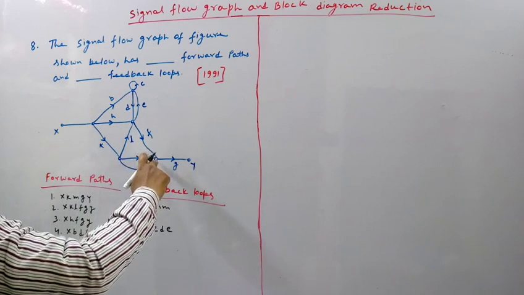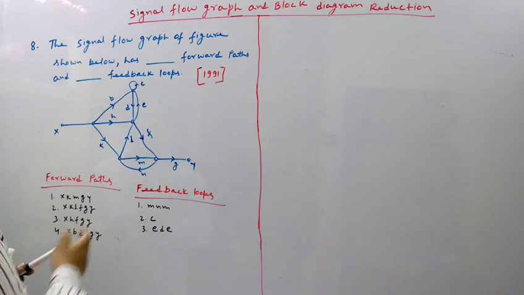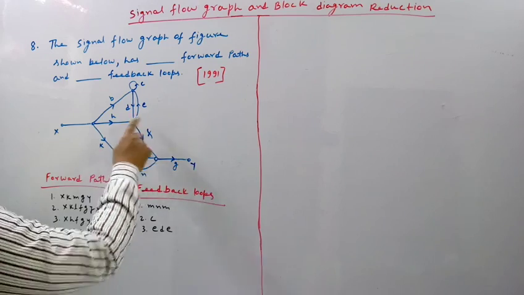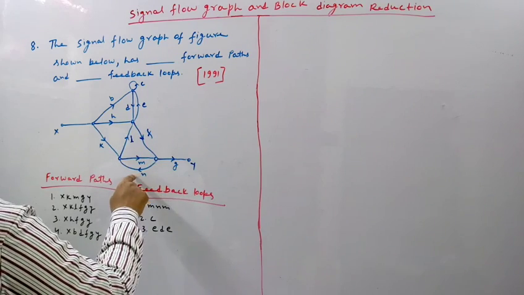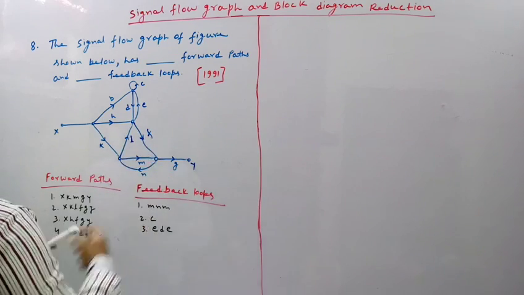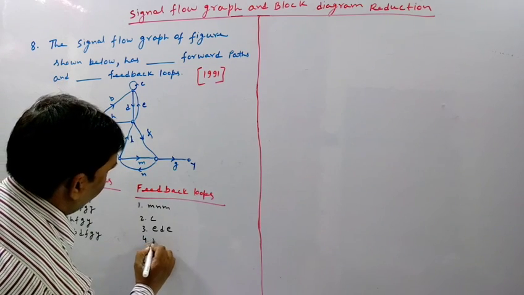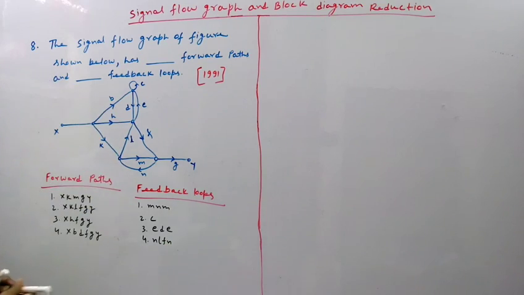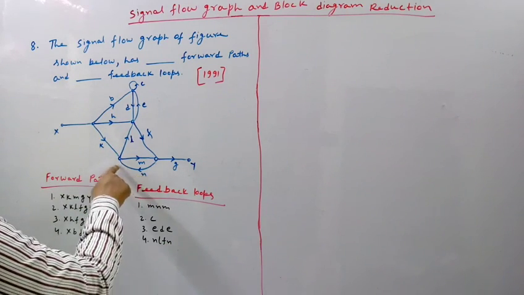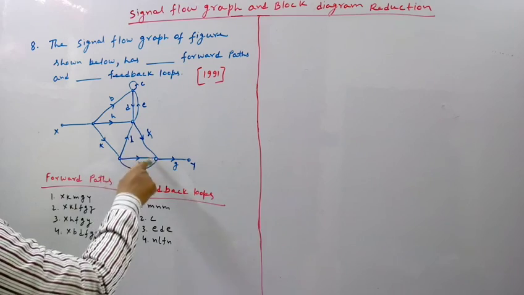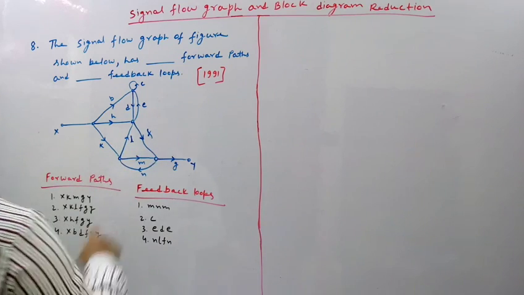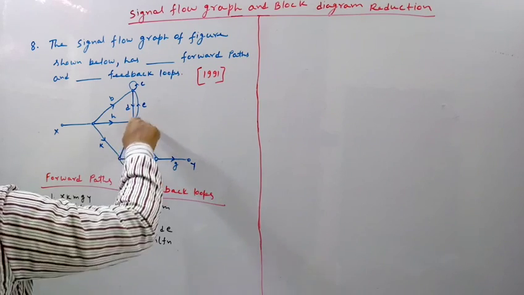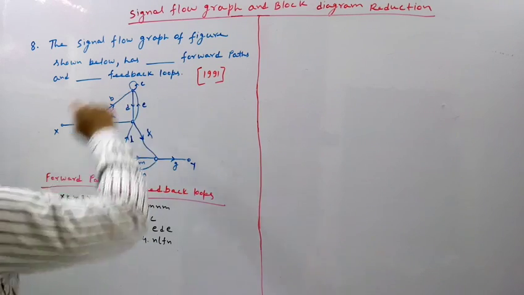So from here there is one feedback loop, and another feedback loop will be here, N L F N. So there are N L F N and N M N, two feedback loops here, and here one feedback loop, and here one feedback loop.